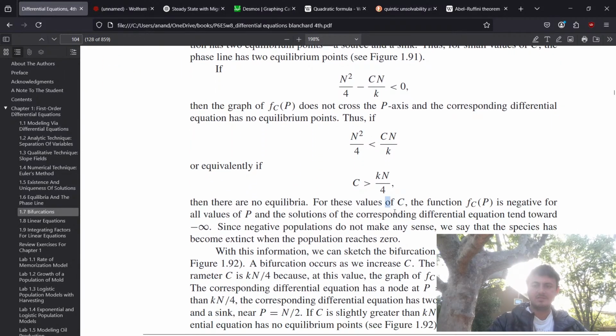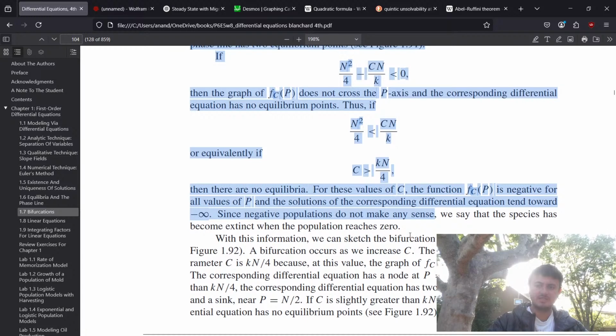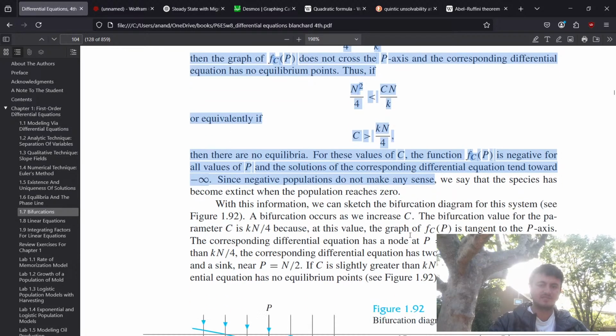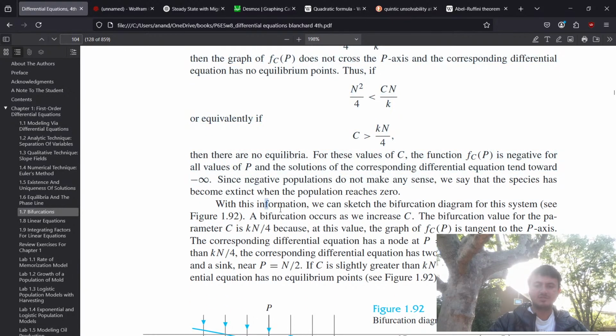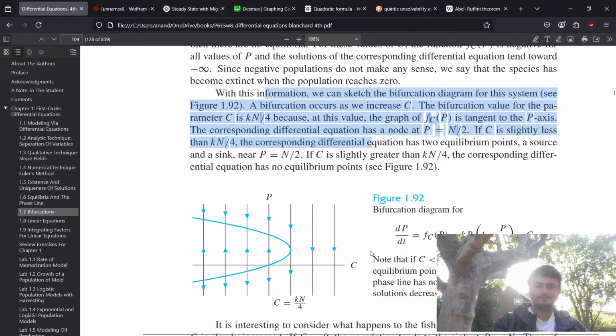For these values of C, negative populations don't make any sense, so we say that the species has become extinct. With this information, we can sketch the bifurcation diagram for this system. Okay.